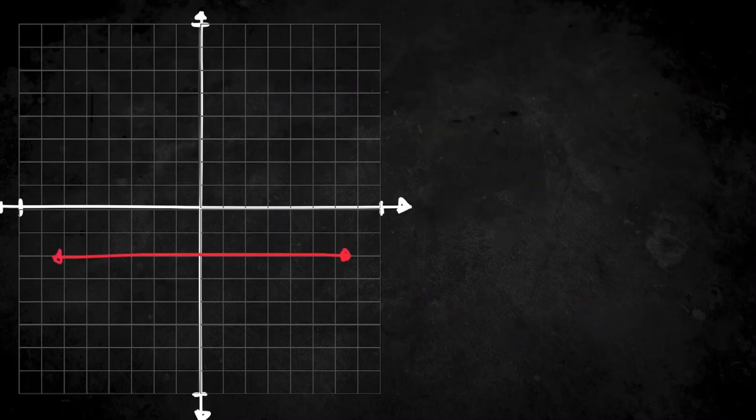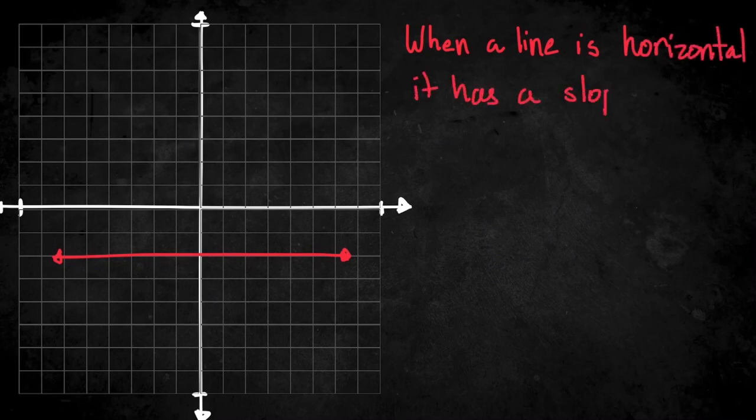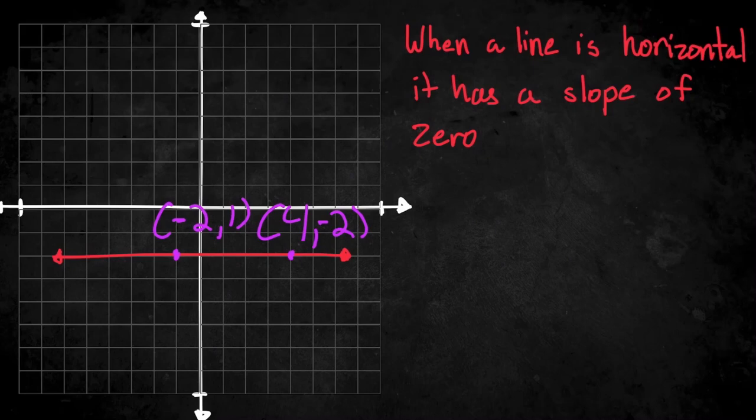Now I can tell that this line has a slope of 0 because when a line is horizontal, it has a slope of 0. Now again, let's solve the slope of it. So let's choose (4, -2) and (-1, -2). I'll do (4, -2) first.